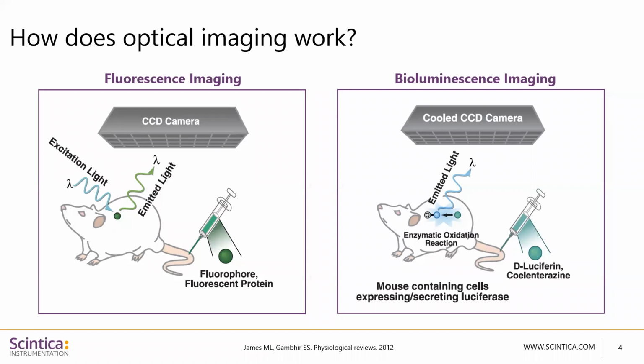Then the main difference here is that the appropriate substrate needs to be administered to the animal. And this is what leads to the production of light. So it's that enzymatic reaction of the luciferase with its substrate. And then similarly to fluorescence, the light is then detected by the cooled CCD camera and the image is produced.